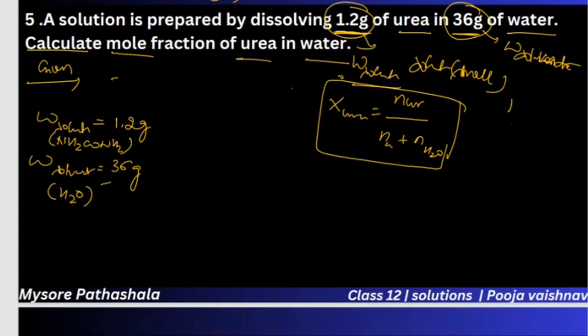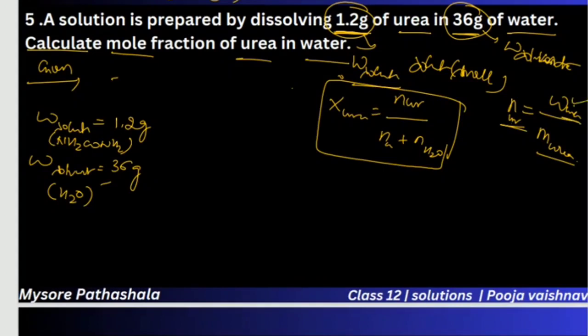So what is the value of N? Number of moles in the question they have not given. The moles they have not given, but they have given the weight, right? So N is mass by molar mass. So number of moles of urea is equal to mass of urea divided by molar mass of urea. Correct?